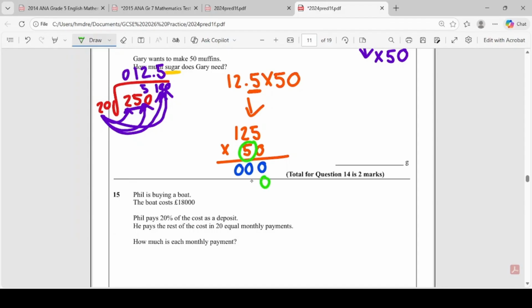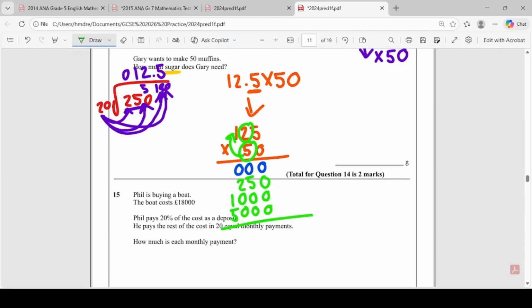Add a 0. 5 times 5 is 25. Then I'm going 5 times 2. So I add 2 zeros. 5 times 2 is 10. And then finally 5 times the 1. So I add 1, 2, 3 zeros. 5 times 1 is 5.